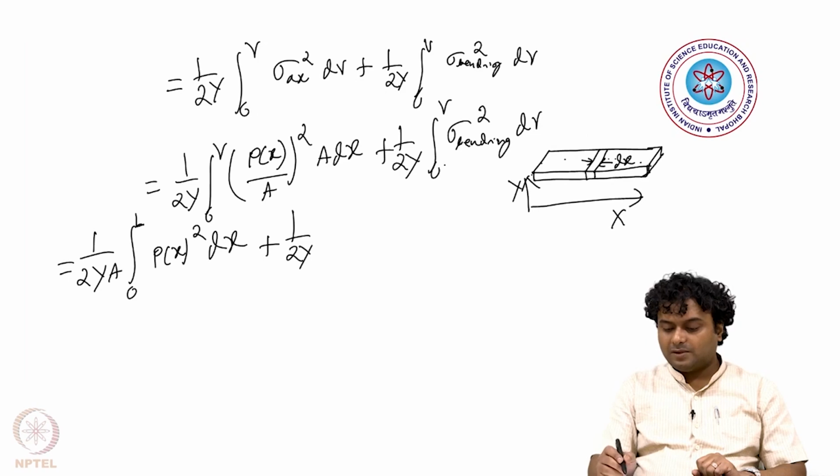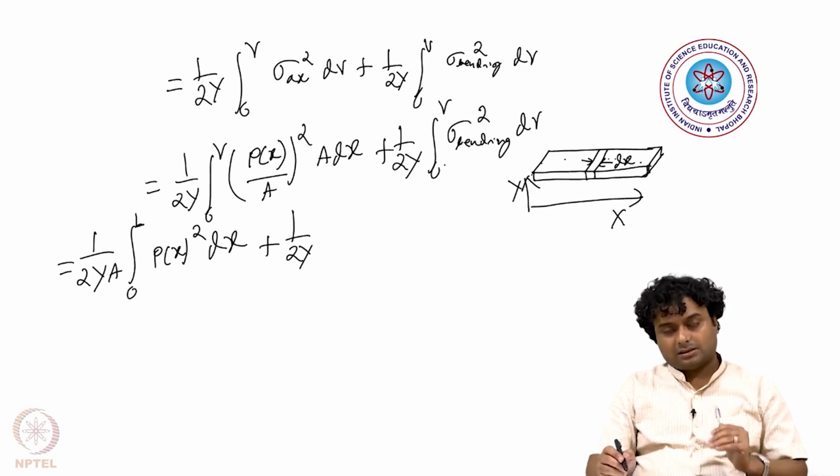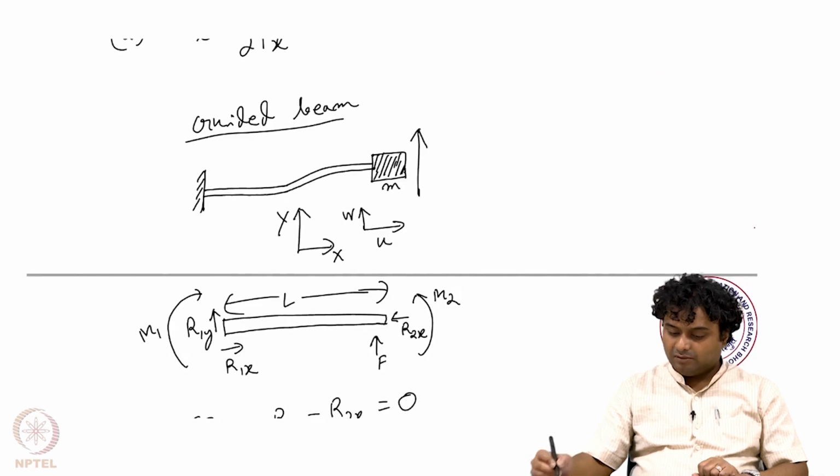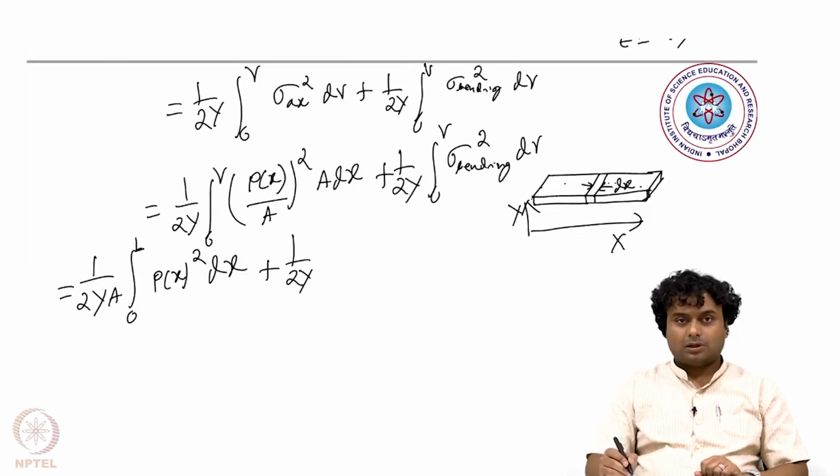Now we are going to use this relation for our current solution. So M0 z by I, where M0 was the moment and z was the distance from the neutral axis, and here in this case we are considering the deflection in the vertical direction as w, right. So let us use this relation for our present solution, and what we got?